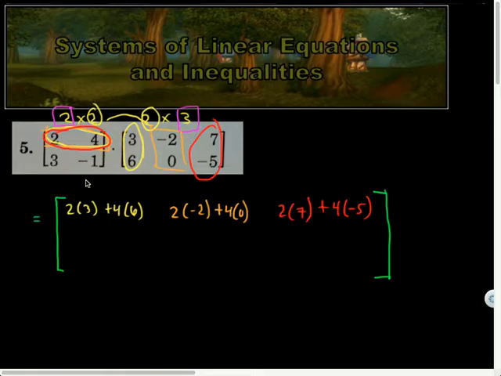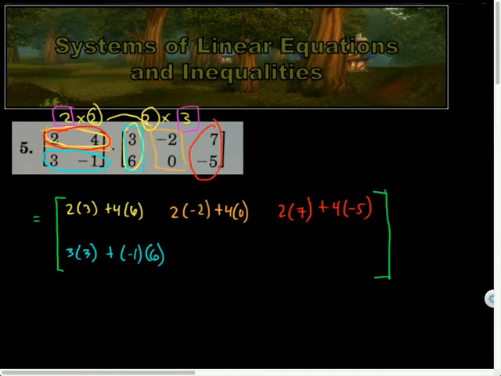Now I'm looking for the second row, first column element. So I'll multiply the second row by the first column, and I'll have 3 times 3 plus negative 1 times 6. I'll throw parentheses around it.